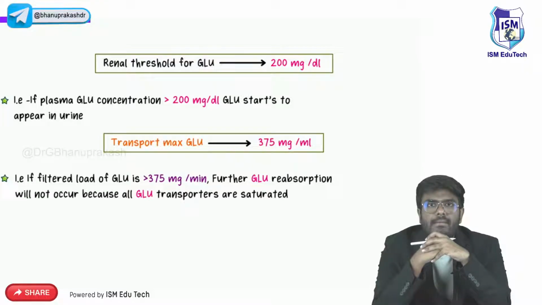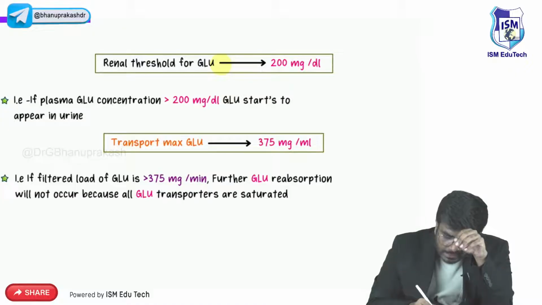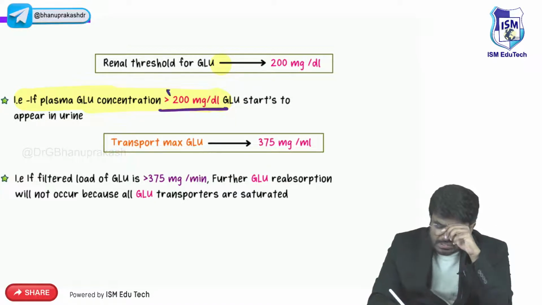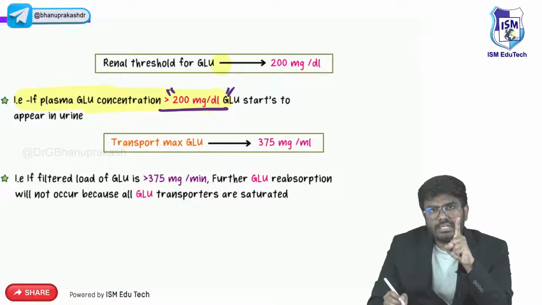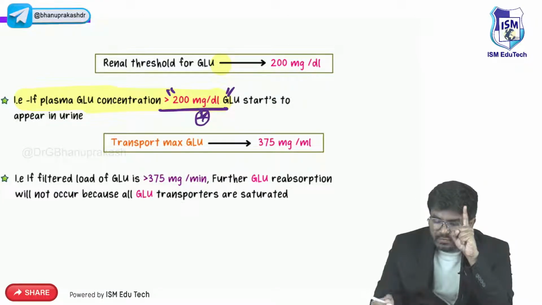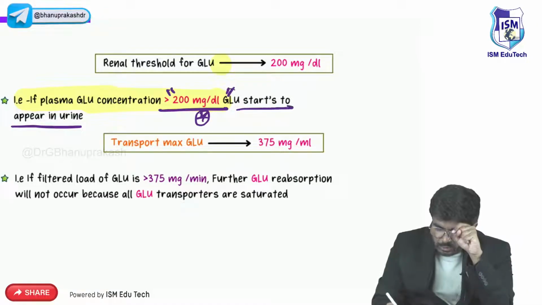Now understand, if you increase the plasma glucose concentration to 200, this value is important. If the plasma glucose concentration becomes 200, then for the first time glucose will start to appear in the urine.